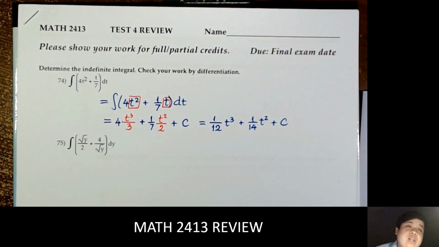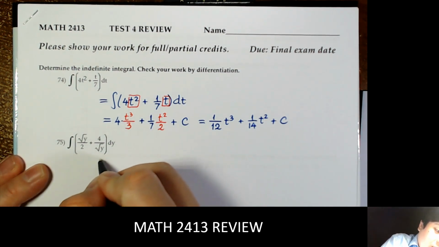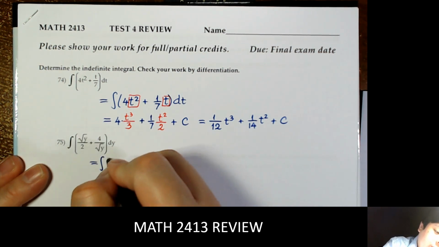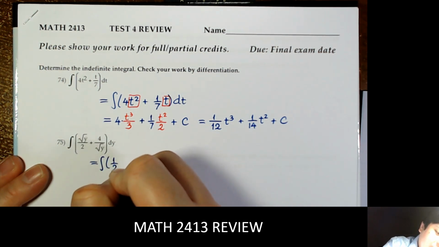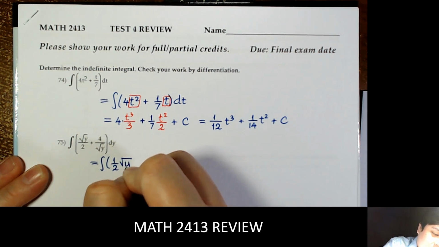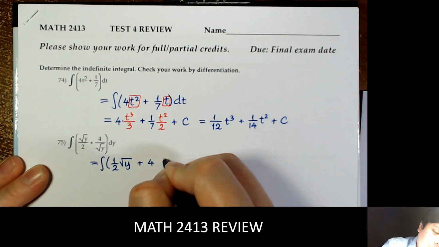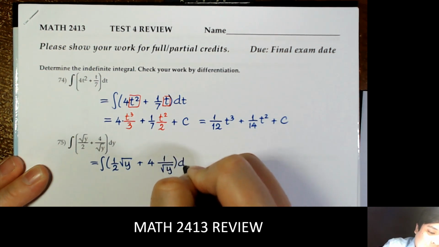Right. The next one is kind of the same. We will rewrite that. Again, we write the coefficient first, so it's 1/2 square root of y, and then 4 times 1 over square root of y dy.